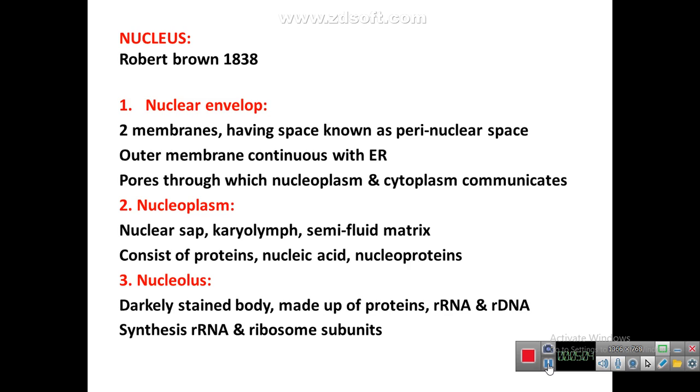Parts of the nucleus. First one is the nuclear envelope, consisting of two membranes having a space known as the perinuclear space. The outer membrane is continuous with that of the endoplasmic reticulum. The inner membrane surrounds the nucleus. Pores are present in the nuclear membrane through which nucleoplasm and cytoplasm communicate.